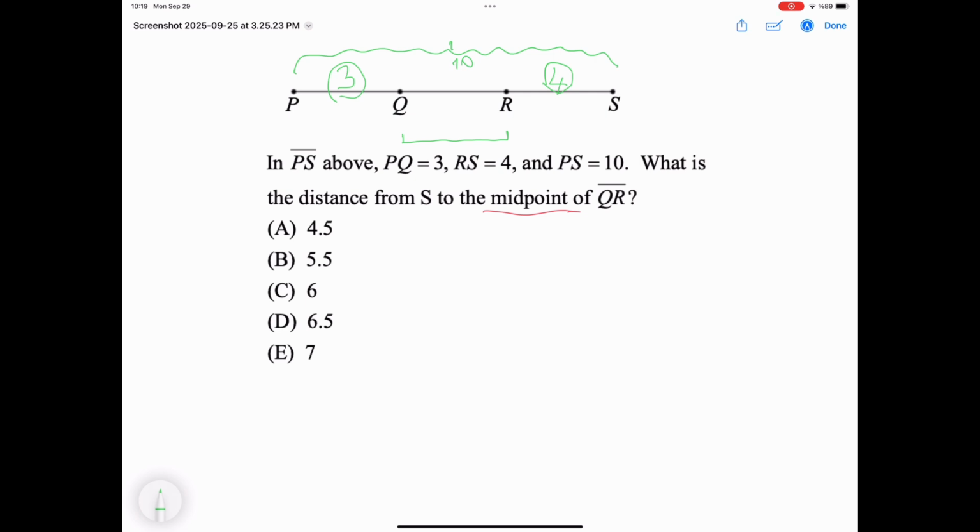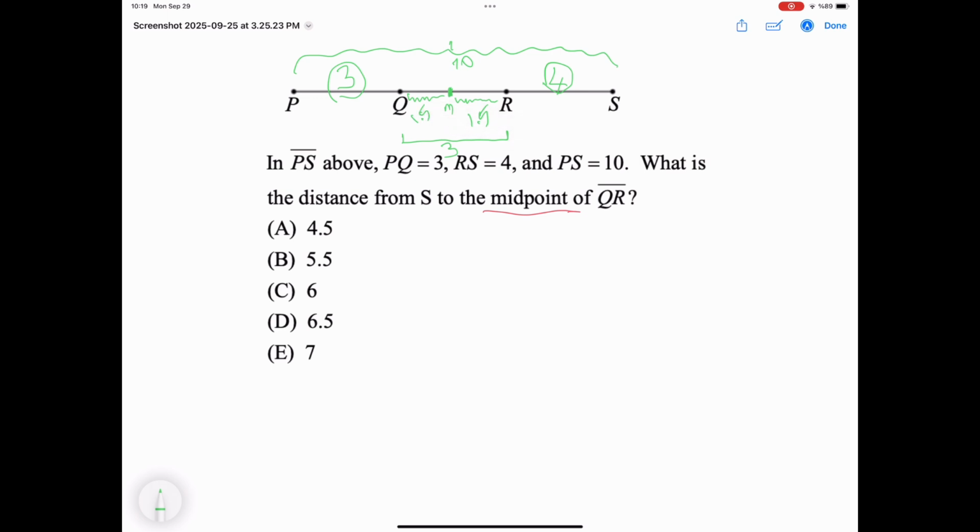But the whole PS, the whole line, is 10 units. So we are left with 3 more, which means QR is 3. And the midpoint, what is the midpoint? It should be somewhere around here. Let's call it M. If the total length is 3, then it is 1.5 in each direction.